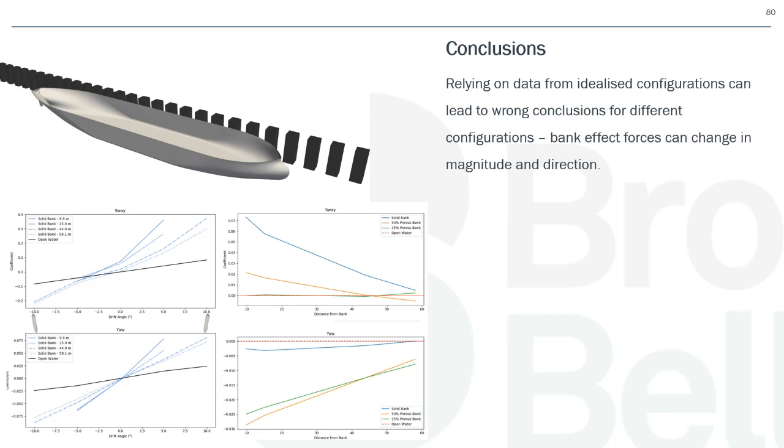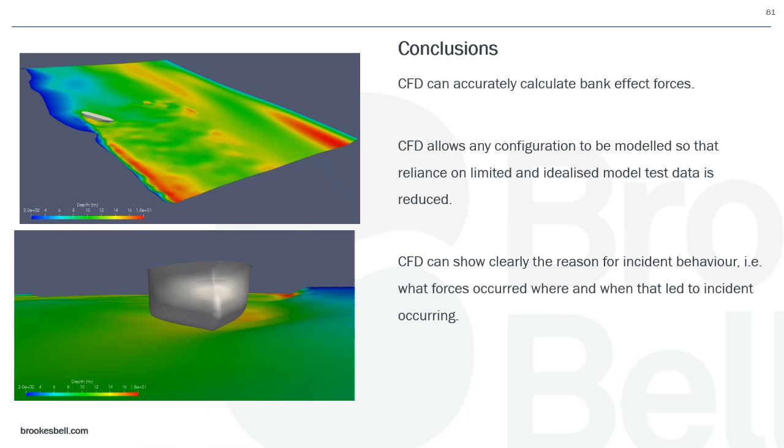And so the forces that occur on your vessel are highly individual to the vessel and to the situation that it was operating in. So the only way you can really do that is by modelling or recreating that situation exactly, and that includes all geometries important to that situation, including your vessel hull and your channel geometry.